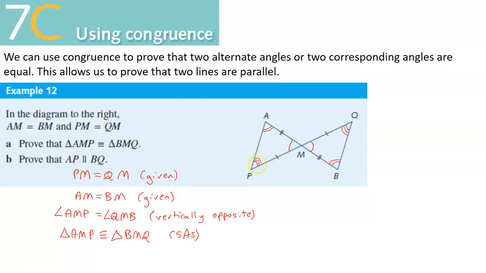So let's have a look at the angle at P and the angle at Q. So the angle APM is equal, actually I might do this over here where there's a bit more space. The angle APM is equal to the angle BQM because they are matching.